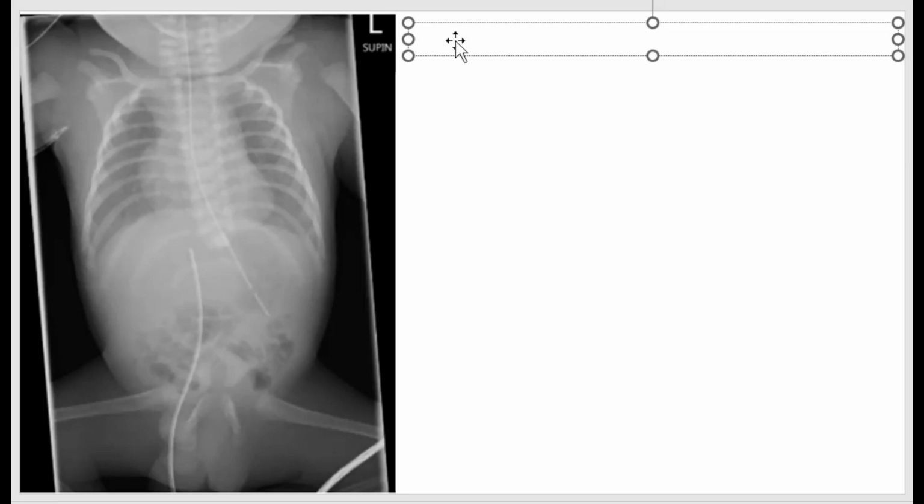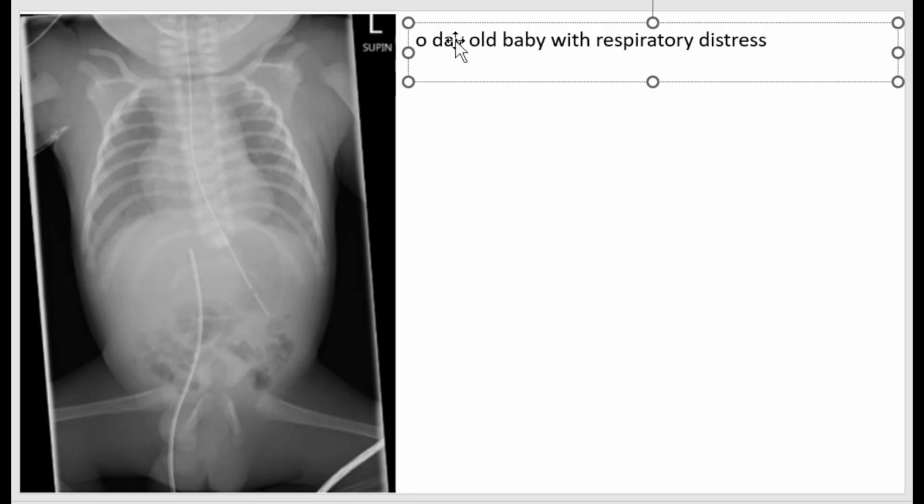So this case is a 0-day-old baby with respiratory distress, and this is an X-ray of the chest, abdomen, and pelvis.